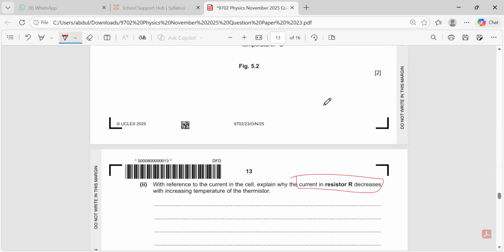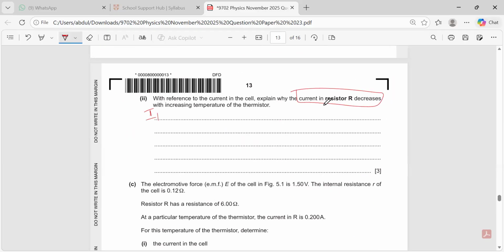So here we can write that increasing temperature of thermistor decreases its resistance.